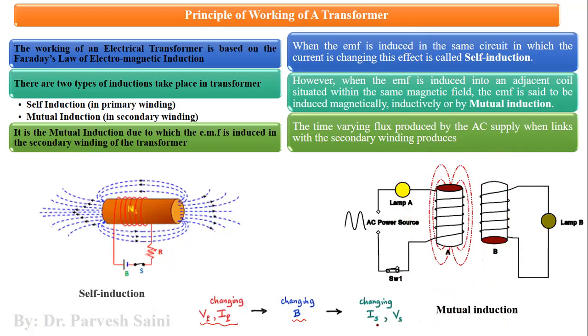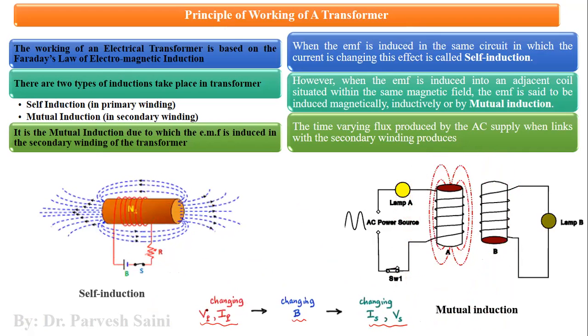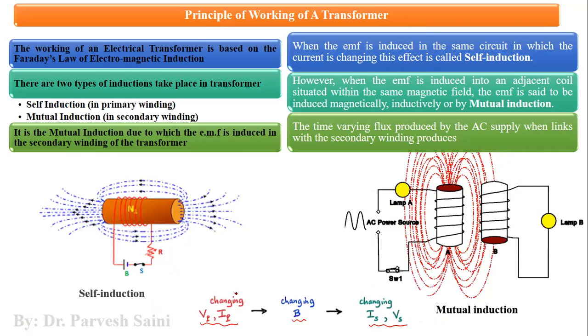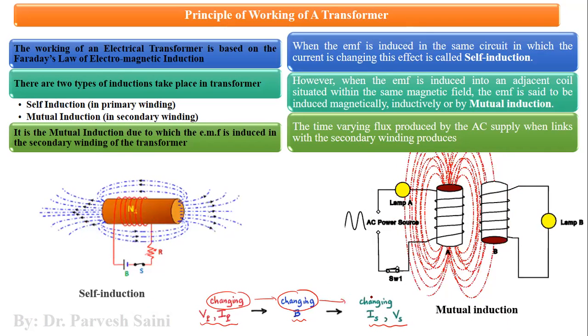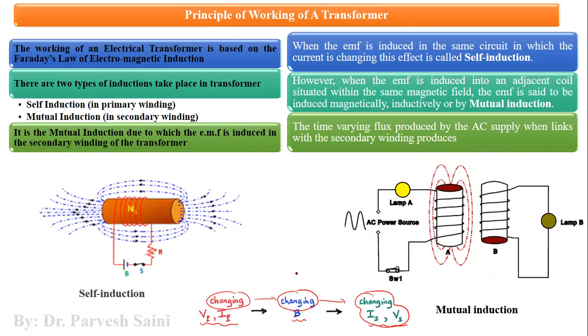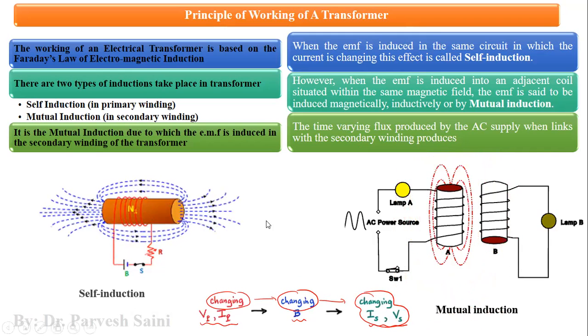Is and Vs are the secondary current and secondary voltage. Now you can see when Vp and Ip are changing, they are producing a changing flux. This changing flux, when linking with the secondary winding, produces a changing secondary current and secondary voltage in the secondary winding of the transformer.